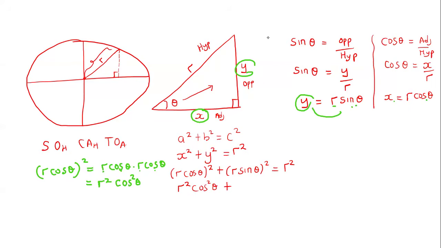You do the same thing: that means r sine theta times r sine theta. r times r is r squared. Sine theta times sine theta gives us sine squared theta. So here we shall put r squared sine squared theta is equal to r squared.